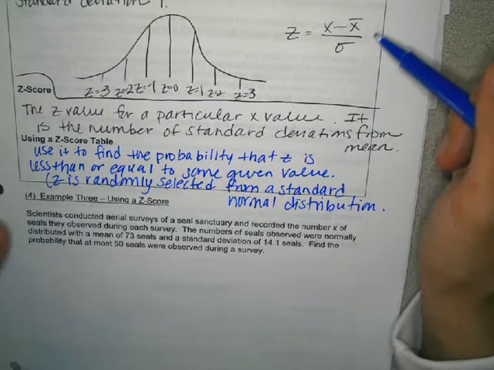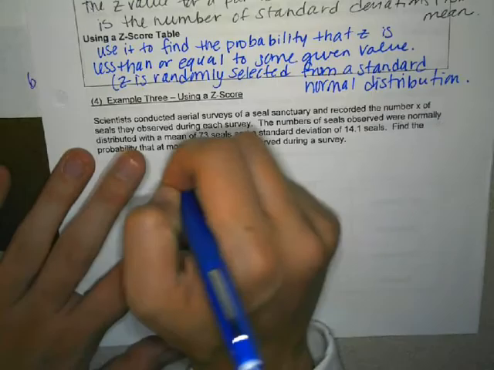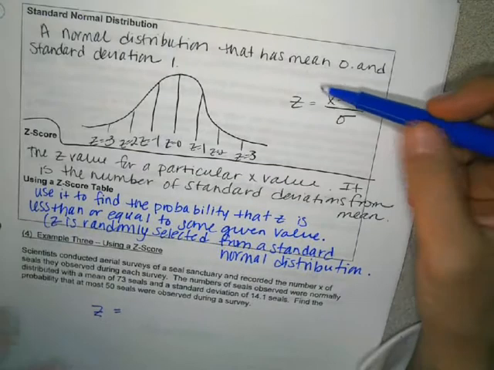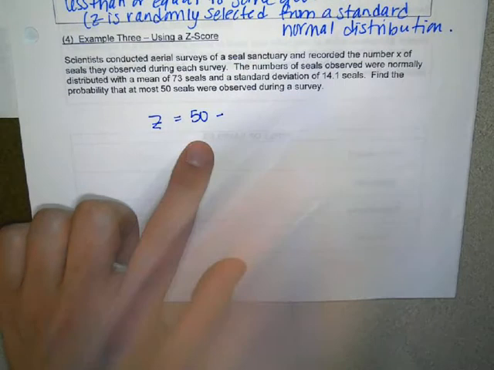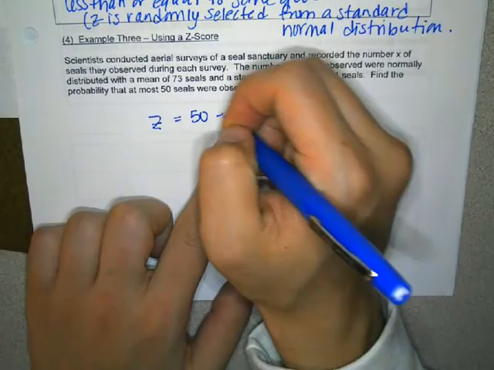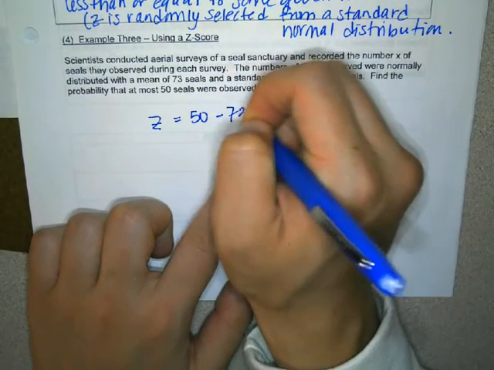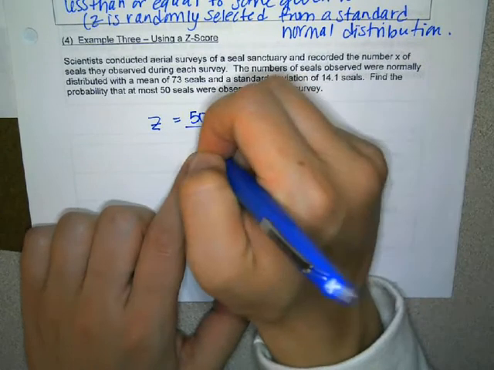Okay, so we're going to find the z-score for this situation. 50 is the x, because remember I said the x is the number that you're trying to find the probability for. So at most 50, minus 73, which is the mean, all divided by a standard deviation of 14.1.